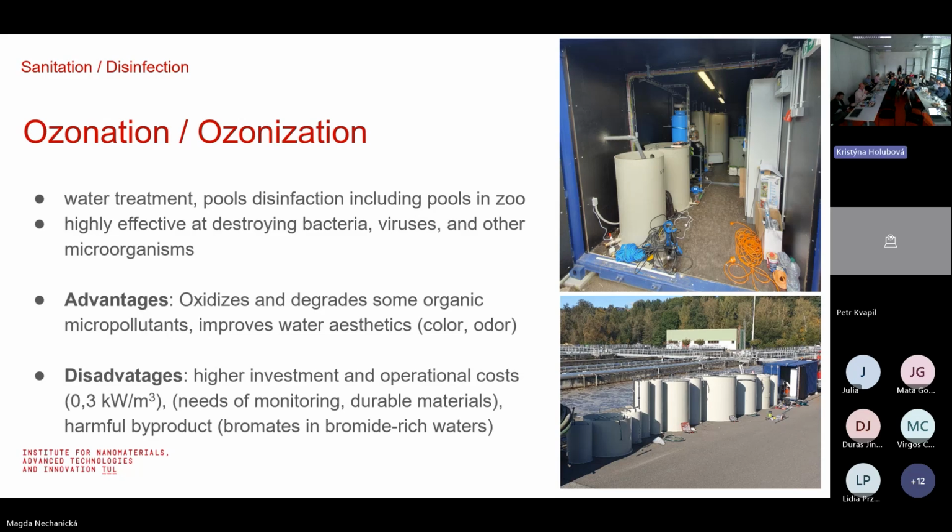I mentioned the energy, but finally, the experience, especially from Switzerland and Germany, shows that the real cost is mainly energy, and this is only 0.3-0.5 kilowatt-hours per cubic meter, which is not so big. There's also a risk when wastewater contains bromides. These could be oxidized to toxic bromates.